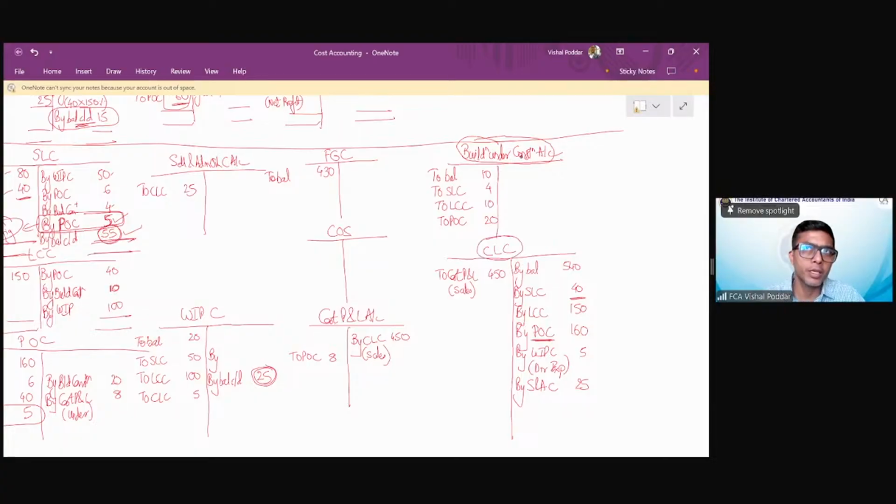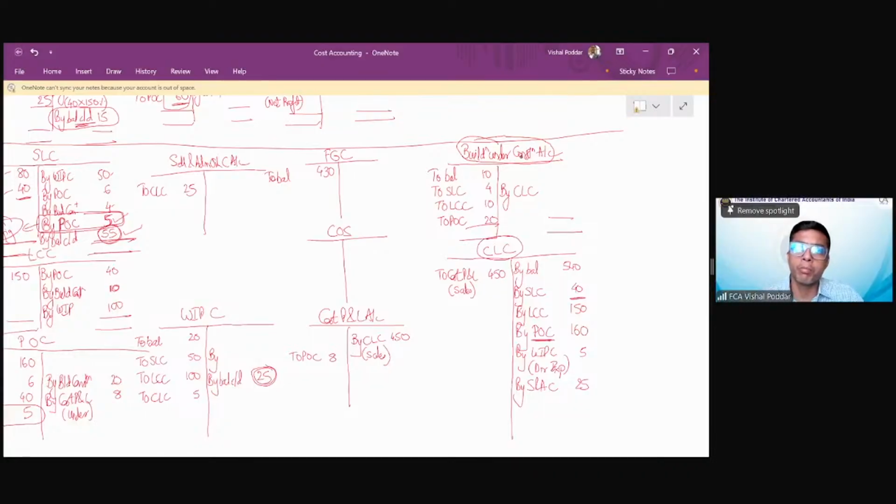So when they are saying that the building under construction is completed, I will transfer it. Had it not been completed, I would have again carried forward the balance as my closing balance of building under construction. But they are saying that now the building is completed. Whatever construction you are doing is done.